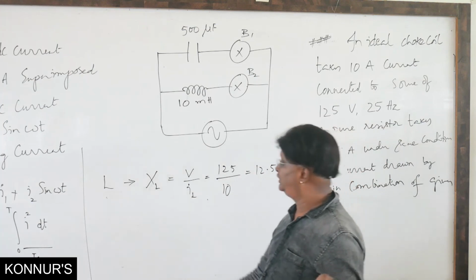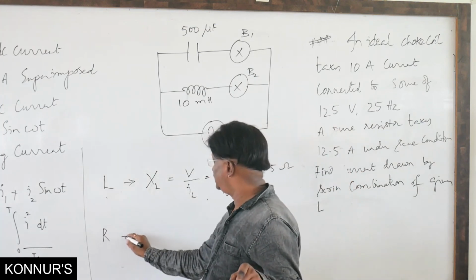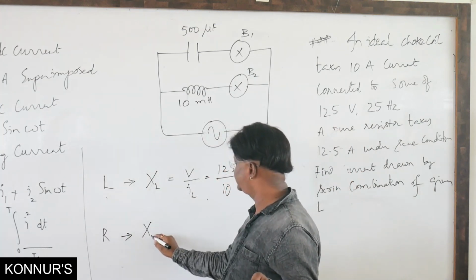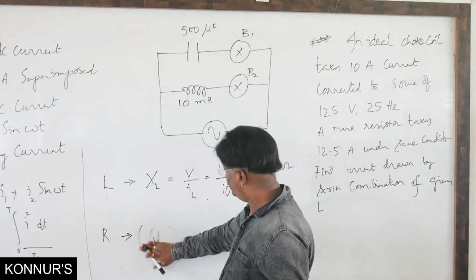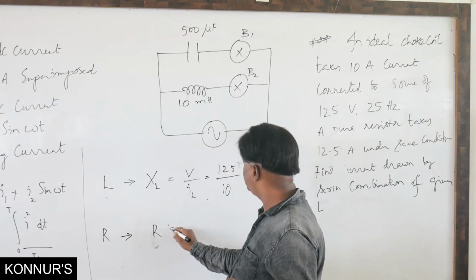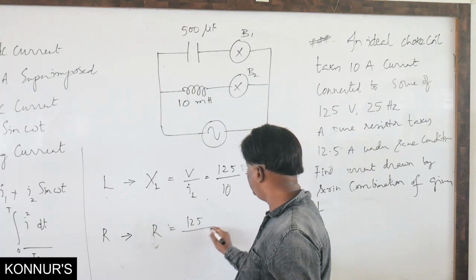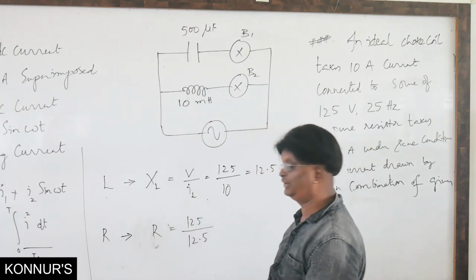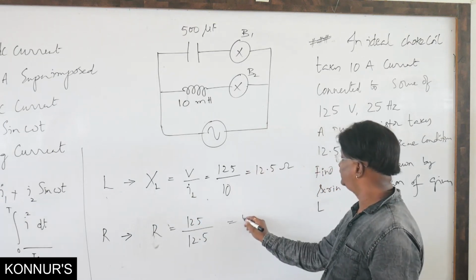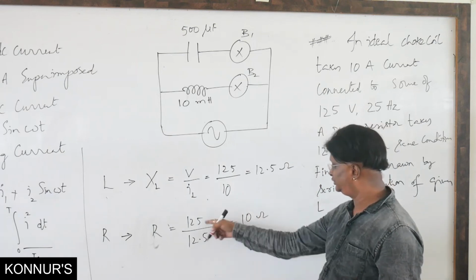Now for the case of the pure resistor, R is equal to 125 by 12.5. This will give us 10 ohms, is it not?